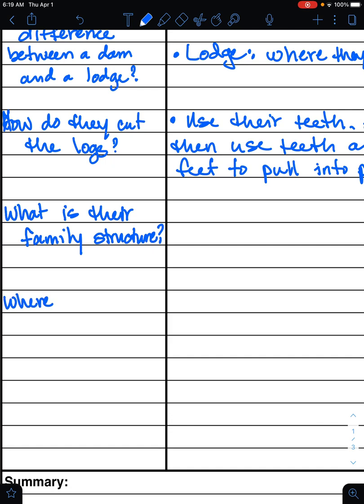Where do they live? What do they look like? And then you would be able to go and fill this in.